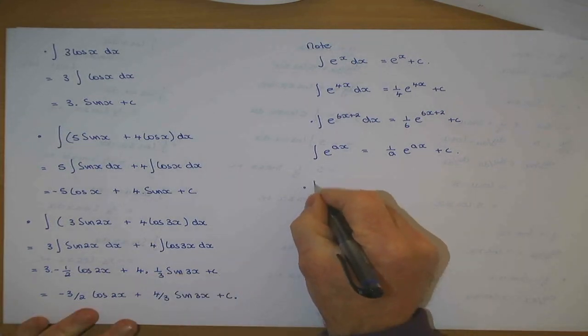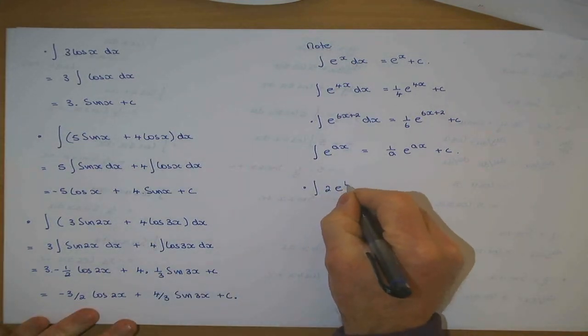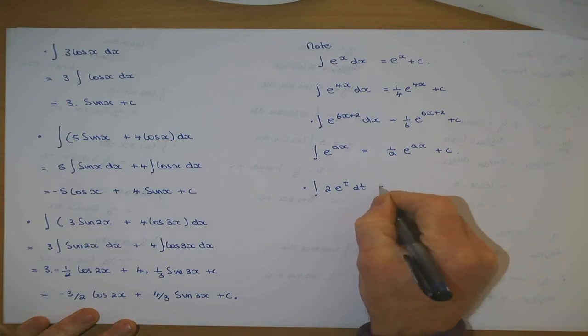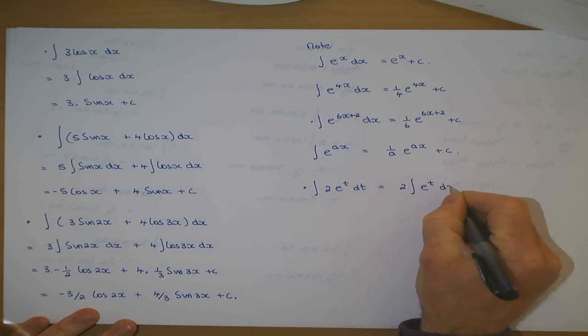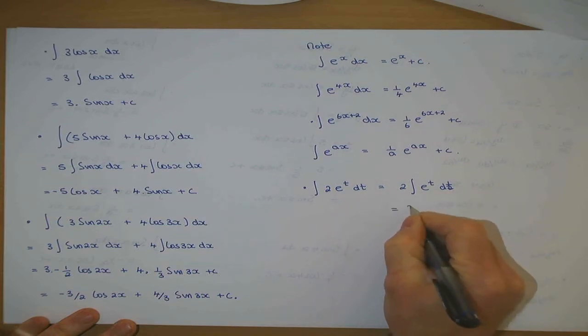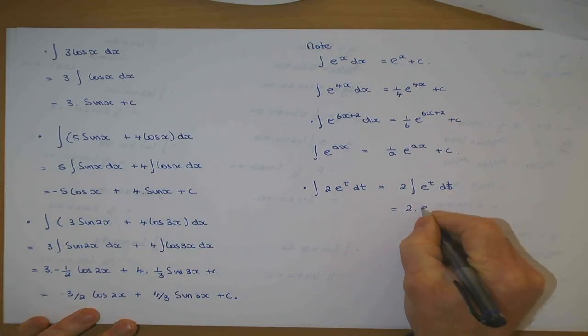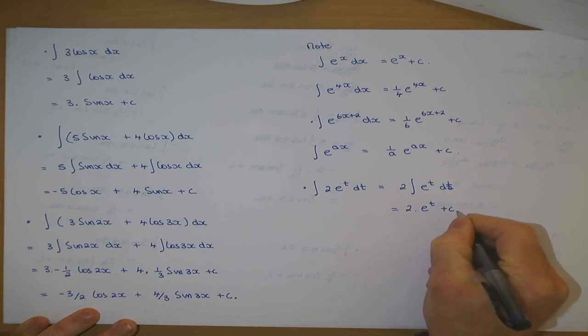If I asked you to integrate twice e to the t dt, it is twice the integral of e to the t dt, which is twice e to the t plus c.